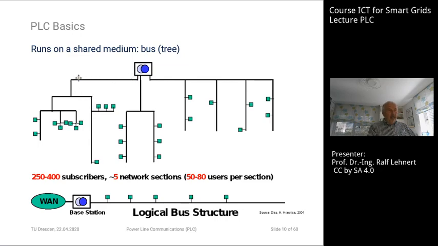So there is some feeding cable, and there is, for instance, a small street with 3 houses. There are other streets, and there are these types of streets, and so on. And as a typical example, in Germany, for instance, and many other countries, one of these transformers typically feeds about 250 to 400 houses or subscribers. There are a number of sections or trunks, and per trunk there are typically these numbers of users or households or houses per section.